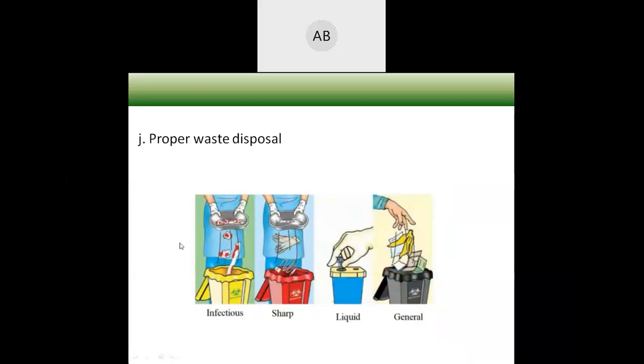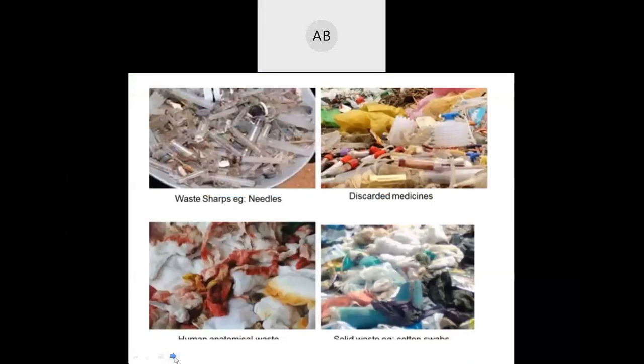Next is regarding proper waste disposal. This also you have studied in the first year in detail. Biomedical waste is the waste that is generated during the diagnosis, testing, or treatment, or even research of biological products of humans or even animals. So it is very necessary that you discard this waste in appropriate bins.